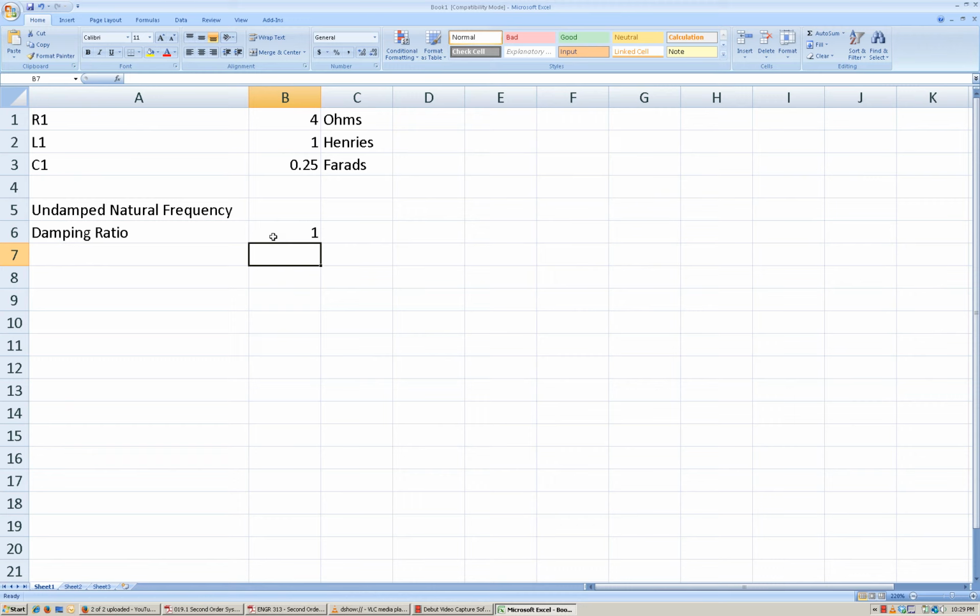And since the damping ratio is identically equal to 1, we know that this system is a critically damped second order system. Now using that information, we can calculate the form of the solution. We know what the form of the solution looks like, and then we're going to have to determine the initial conditions. We'll look at that in the next video.